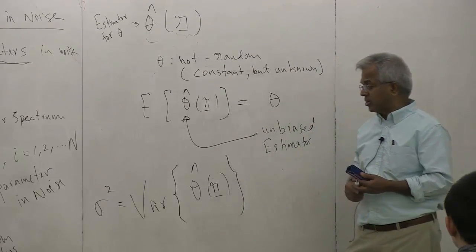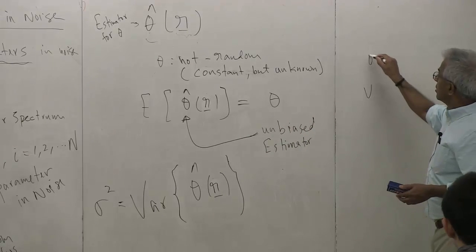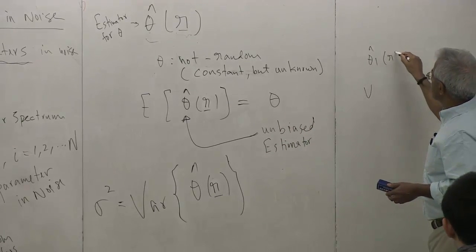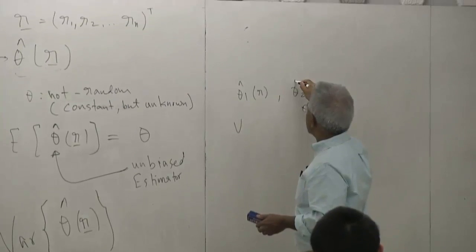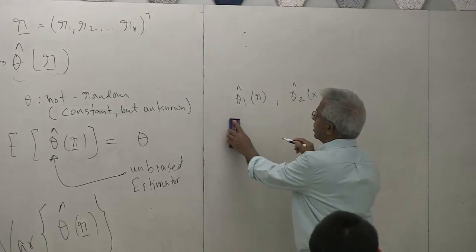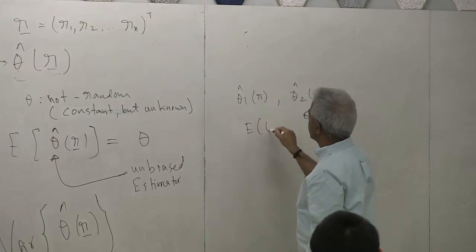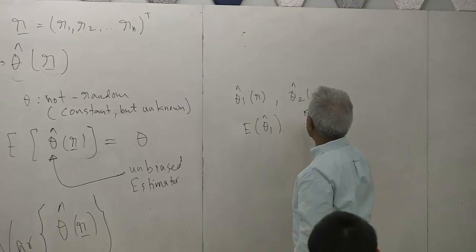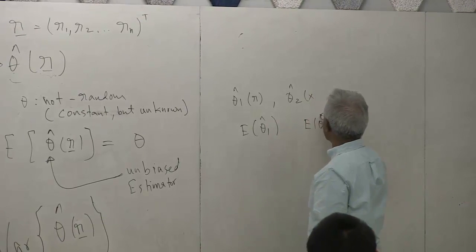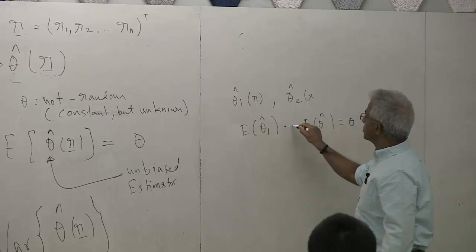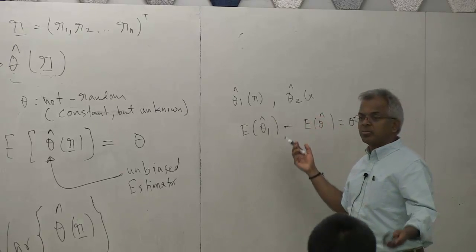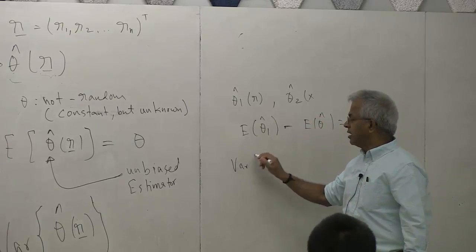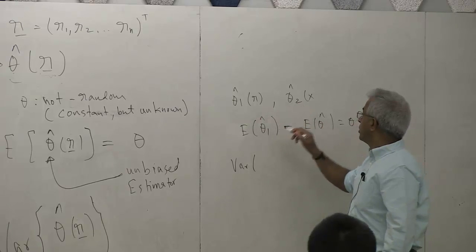So if you have two estimators, and both of them have, let's say, the expected value of theta 1 hat and theta 2 hat both equal to theta, then both are unbiased estimators. So you look at the variance, so there is nothing to pick between the two.